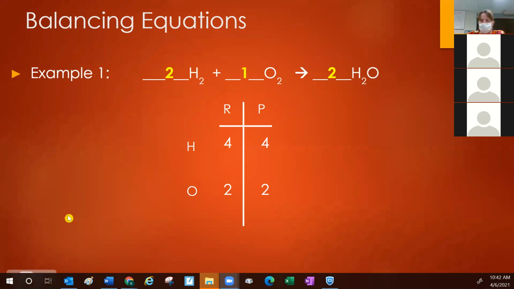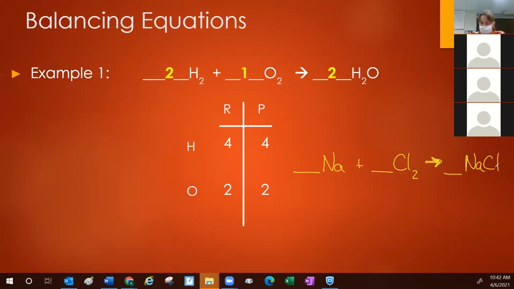Okay, I'm going to give you another pretty simple one here to practice just to make sure you're understanding how we do this. So please try this one on your own. Okay, so I'm going to draw lines where your coefficients could go. That's my arrow. Okay, remember you want to set up a T-chart, so I'll help you set that up.